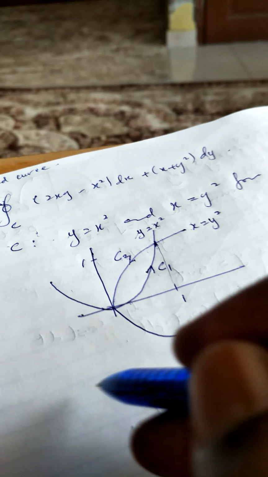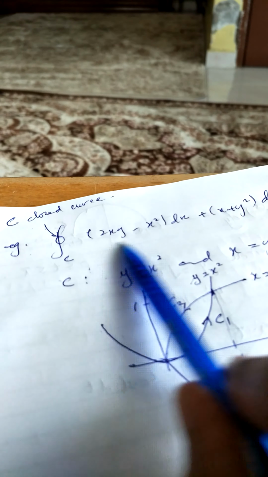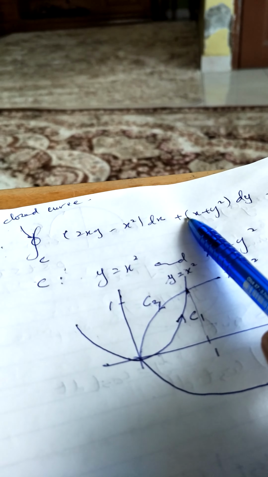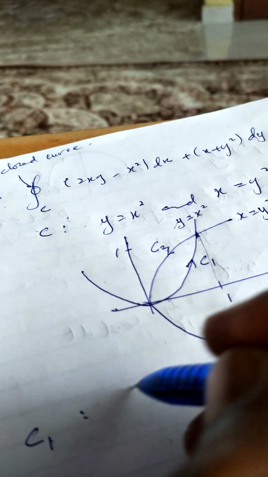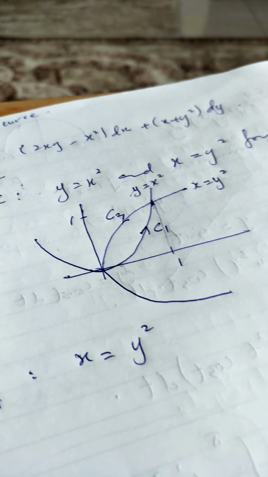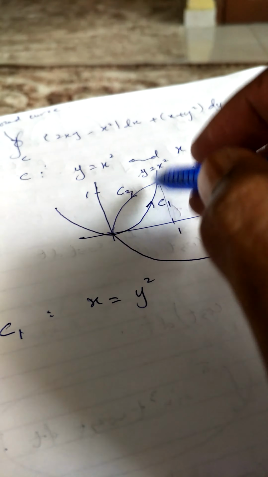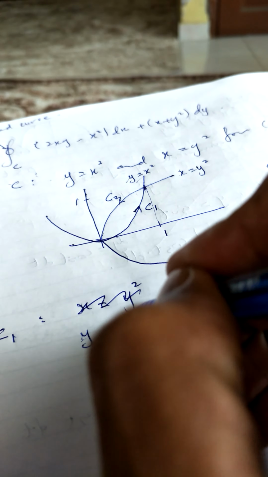Now to consider C1, we want to evaluate this along C1. So for C1, what we have? We have y equal to x squared.